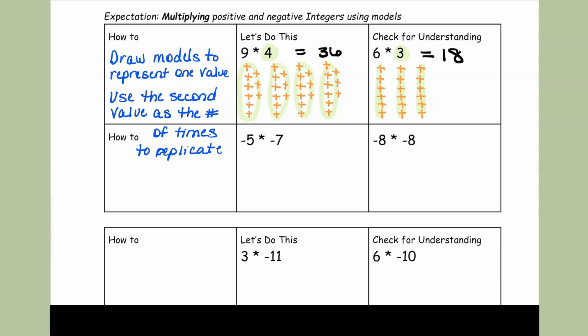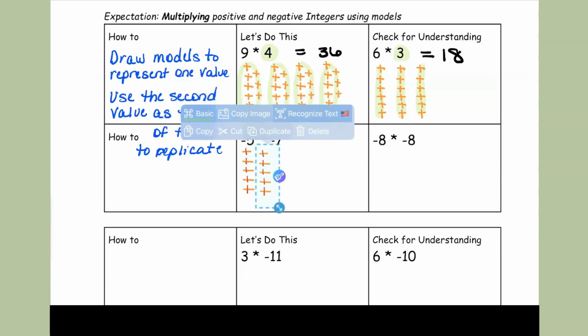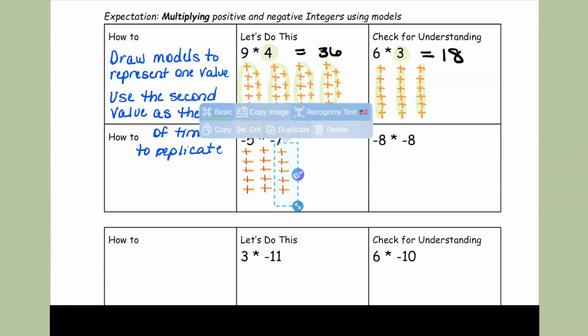Perfect. Let's continue on and let's try some that are negative, because remember, if we start out with negative, but we're multiplying by negative, then something's going to change. Now, I've drawn out this negative 5 here, but how do I show it's a negative 7? Well, I'm going to make that negative 5 now a positive 5 because I need to switch it because of that negative 7.